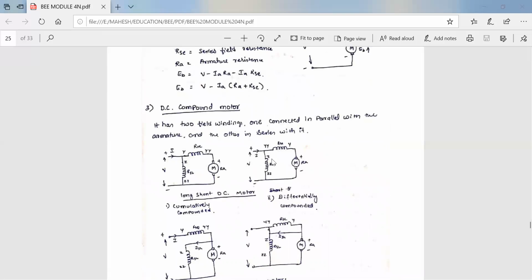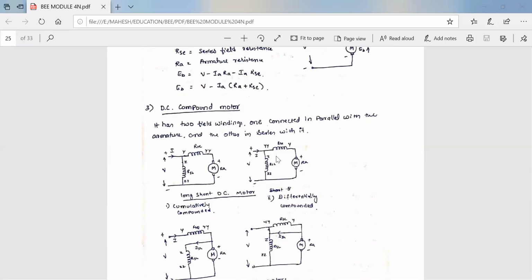Similarly, if the fluxes are in opposite directions, here you can see the terminals Z and ZZ of the series winding are interchanged. When you compare with cumulative, where they are in the same direction, here the terminals are interchanged, so phi SH and phi SC will be opposite in direction.